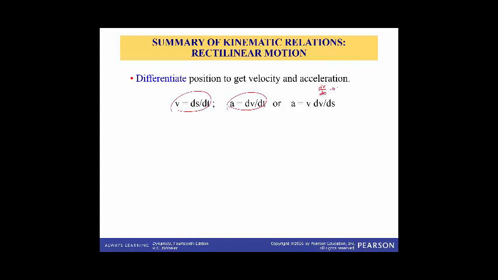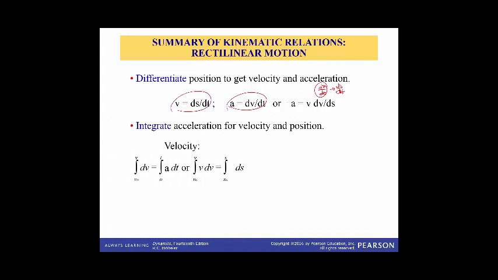This is the change in velocity with time, and the velocity is ds over dt. Remember, we're combining those two. So when you want to integrate, you get the velocity by integrating the acceleration, and the position by integrating the velocity, which is what I just said.